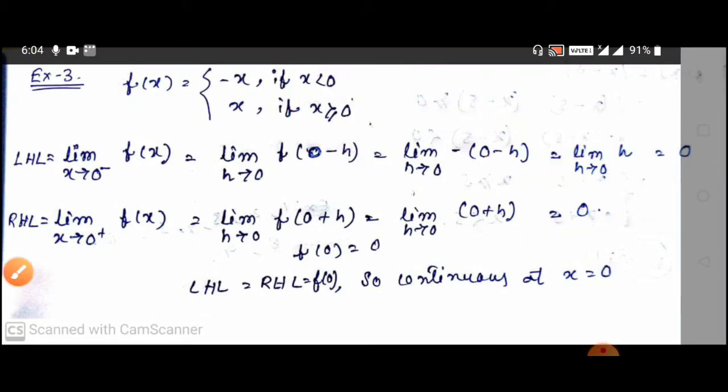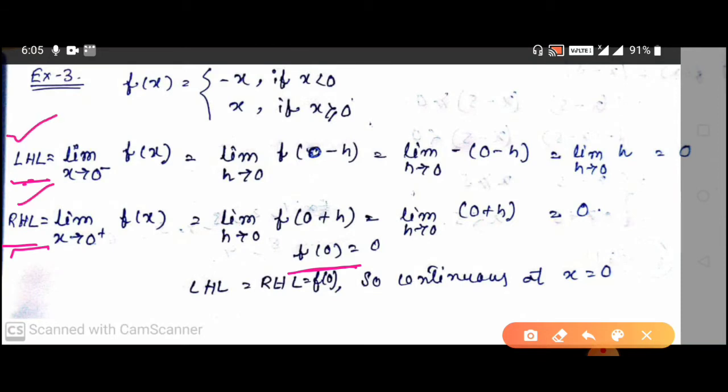So for that we have to find the left hand limit LHL, then we have to find the right hand limit, then we have to find f of 0. After that we have to compare whether these three values are equal or not. If these three values are equal, then this function is continuous at x equal to 0. If these values are not equal, then this function is not continuous at x equal to 0.